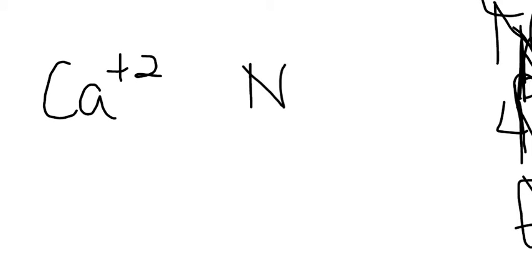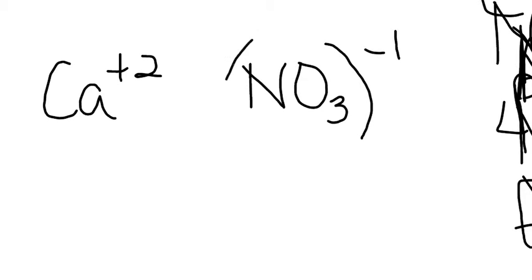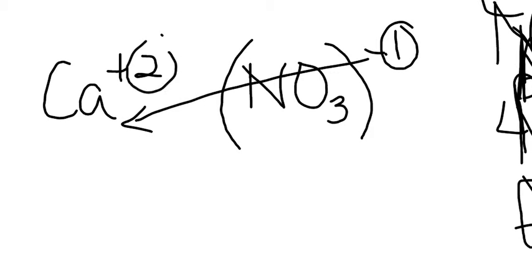If I have calcium and I want to bond it with nitrate, the formula for nitrate is NO3. The charge on nitrate is -1. This whole entire group is one ion. So when I do the crisscross, the 1 applies to that ion, the 2 applies to everything, the whole ion. It doesn't change any of the subscripts in here.